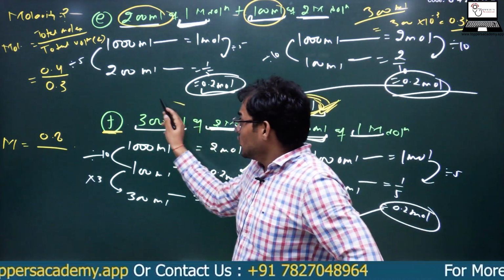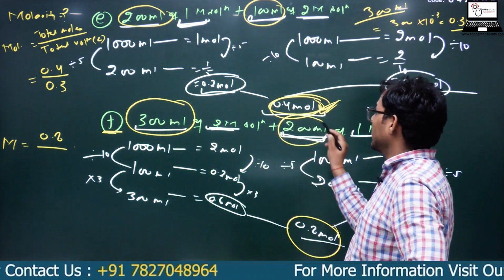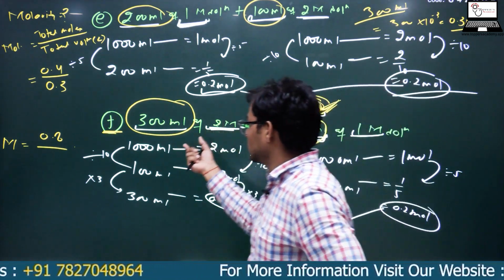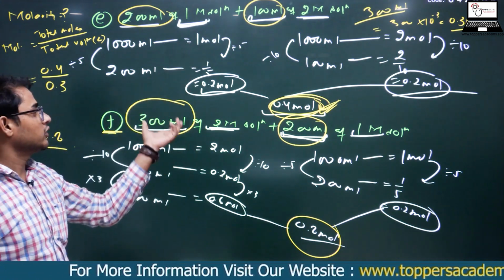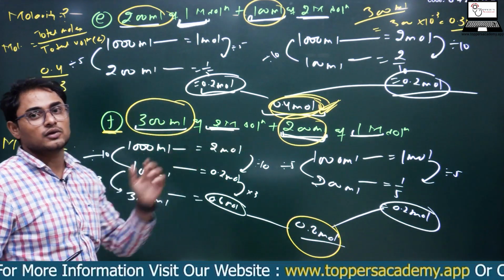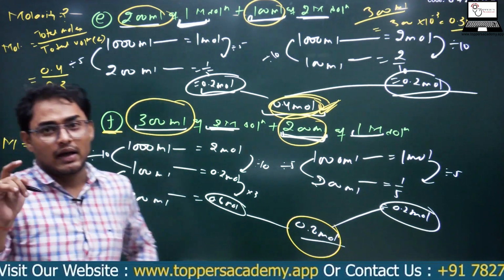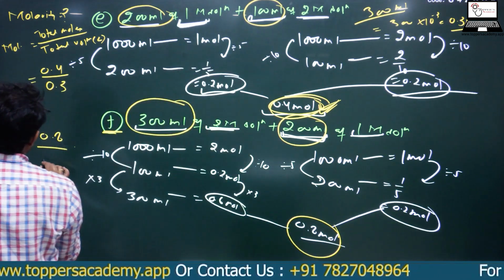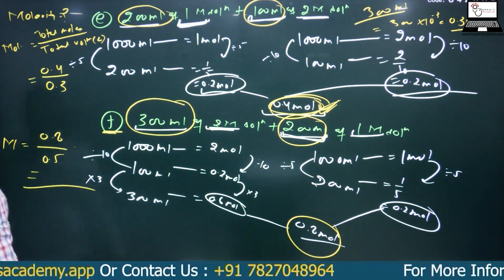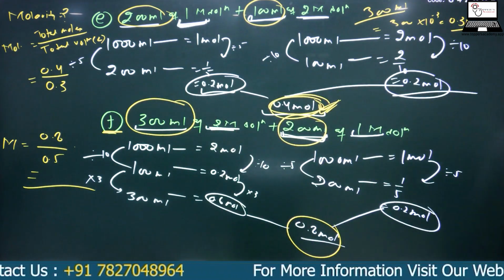So the volume of this mixture will be 300 plus 200, because this is a mixture of the first solution and second solution. So obviously, for knowing the volume of the mixture you are going to add the volumes of the two different solutions, right? So 300 plus 200, that means 500 ml, and it means 0.5 liter, right? So obviously you are going to solve with 0.5 liter, and you will get the answer, right?